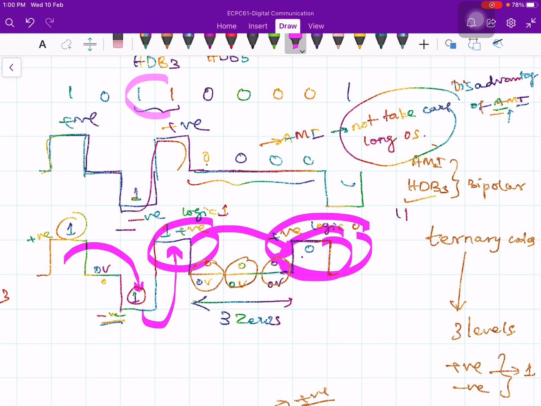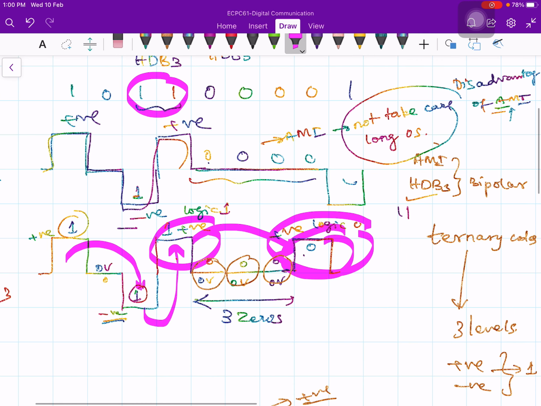These two ones are taken care of by this one with the negative voltage and this one with the positive voltage, no problem. Okay, again I have negative voltage. So as far as one is concerned, I don't have any issues. Therefore, this is better than your unipolar codes. But there is a problem. That problem is the AMI code will not take care of long string of zeros.